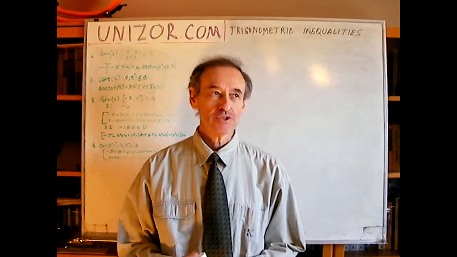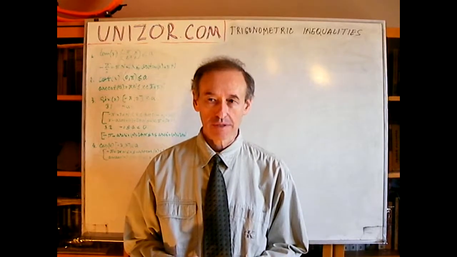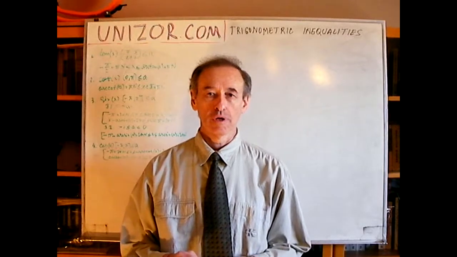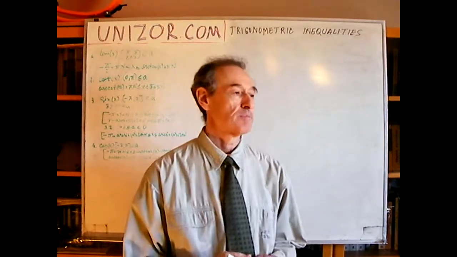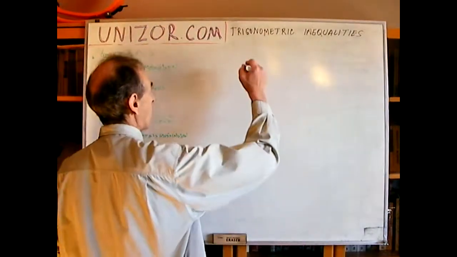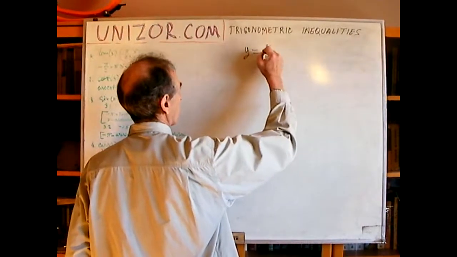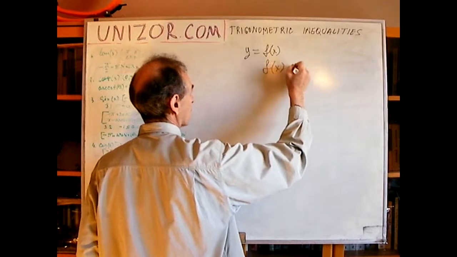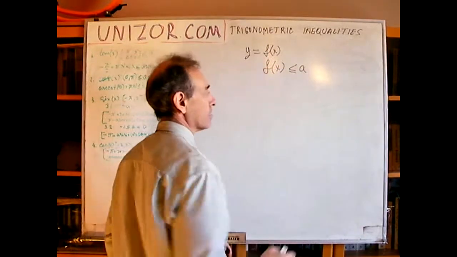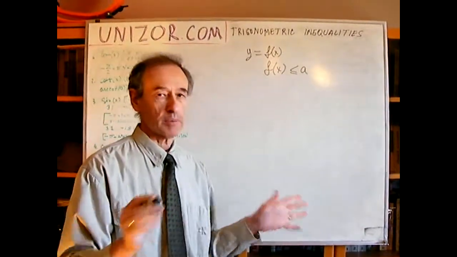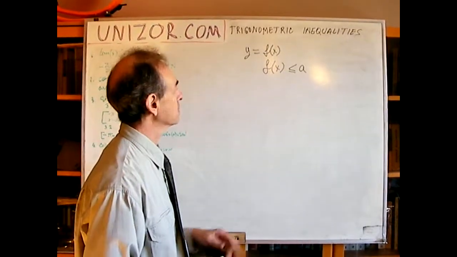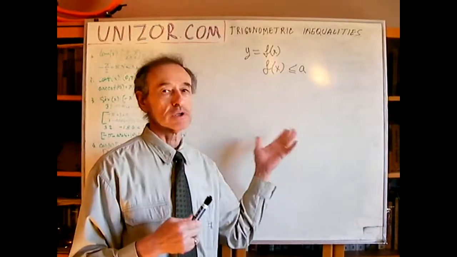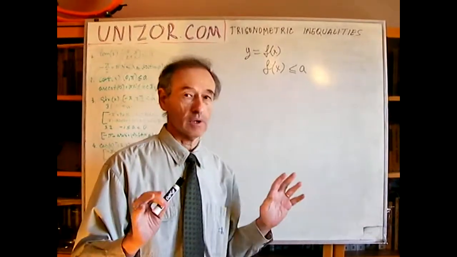Now, let me just spend a few minutes talking about the general approach to how to solve inequalities. So let's say you have some function and you would like to solve an inequality of this type. Now we are talking about a real function, real arguments, and a real constant a. How can this particular inequality in general be approached?